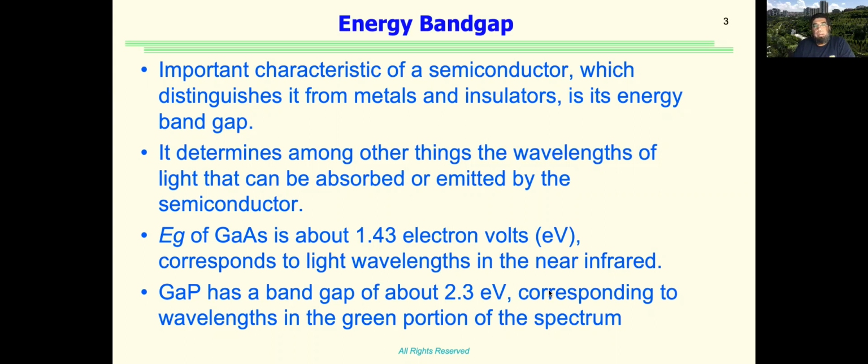Now, for any combination, for example, a binary material like gallium arsenide, they have a very specific band gap and hence wavelength. For gallium arsenide, that falls in the near infrared region. Similarly, gallium phosphide has a specific band gap, which is 2.3 electron volts, and its wavelength corresponds to the green portion of the spectrum.